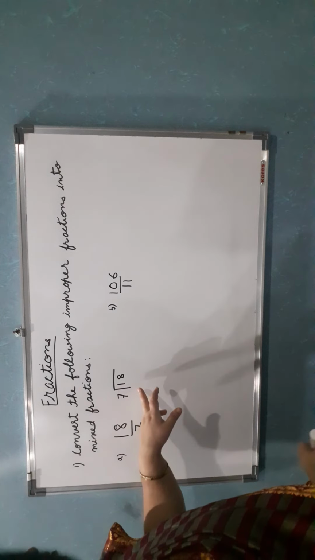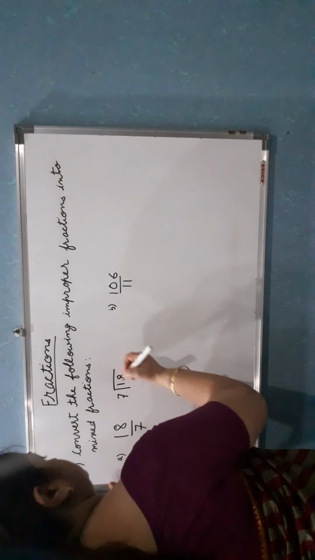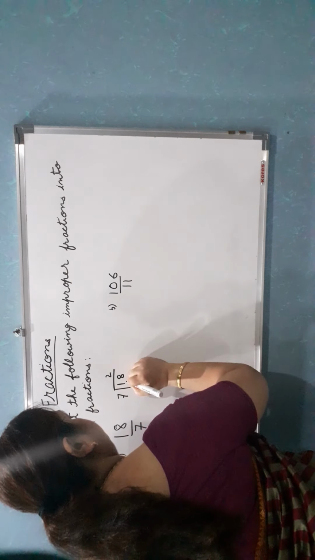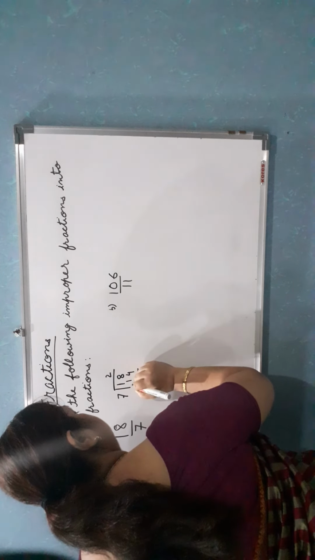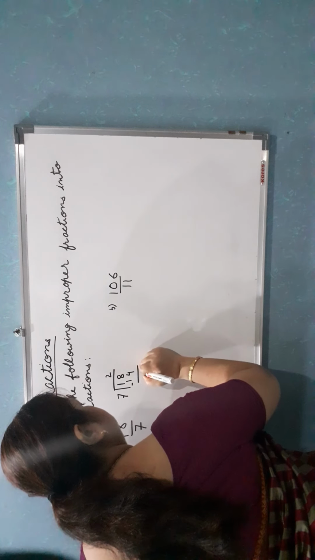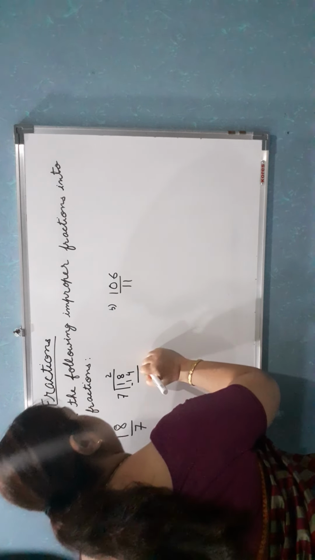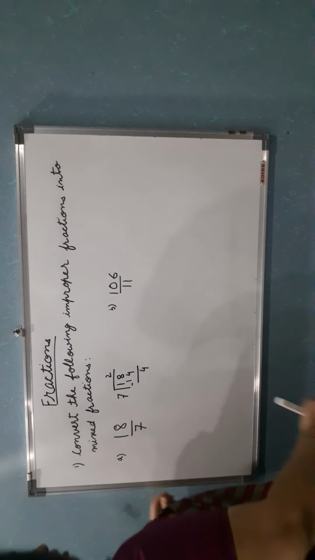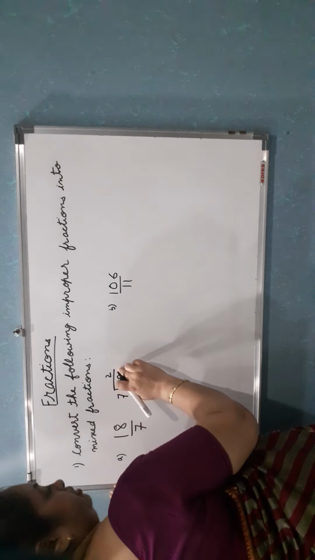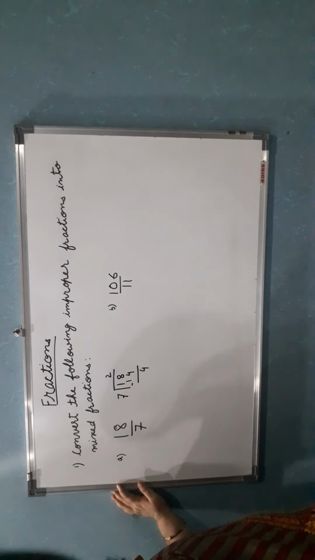Okay. Now see, 7 how much? 7 2s are 14. Now, you know this is the quotient, this is the remainder, this is the dividend, this is the divisor.